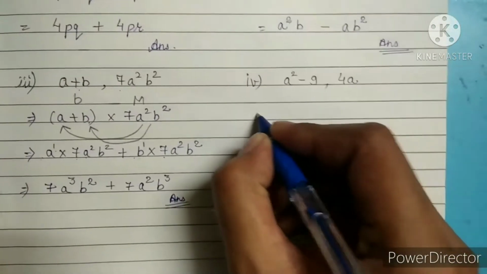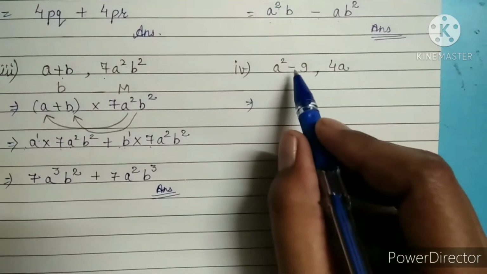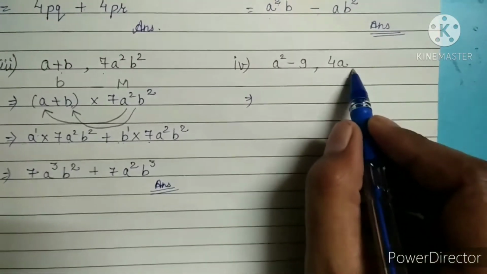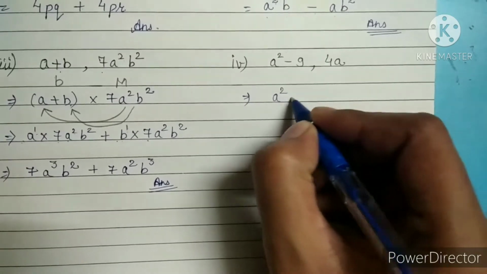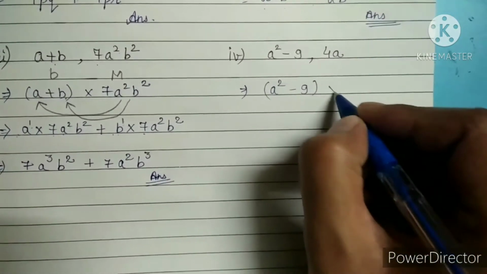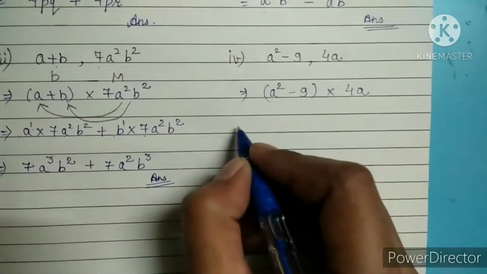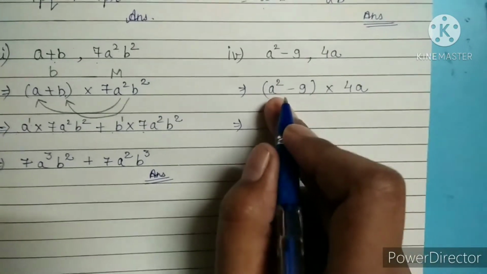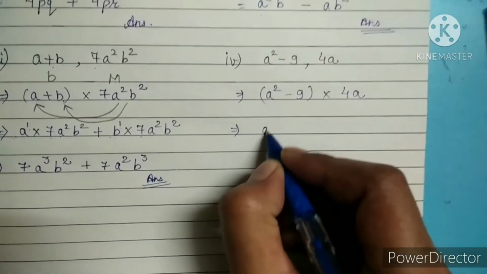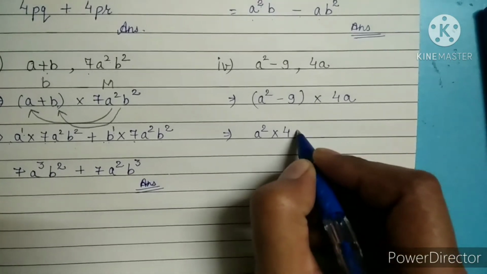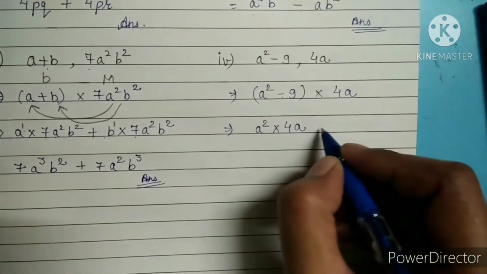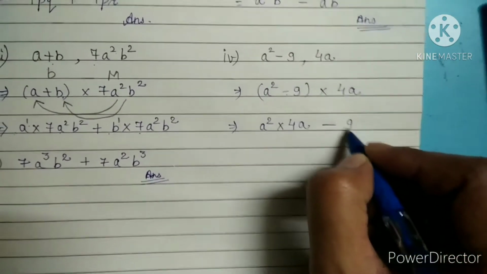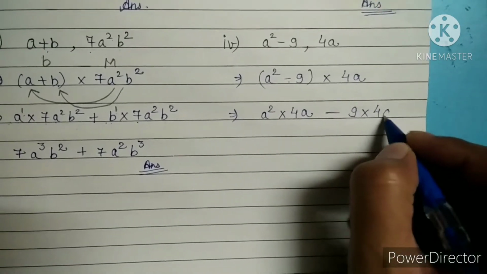Now, fourth one, we have a square minus 9, 4a. So, a square minus 9 multiply by 4a. So, 4a will firstly multiply by a square. So, a square multiply by 4a, minus of bracket 9 multiply by 4a.